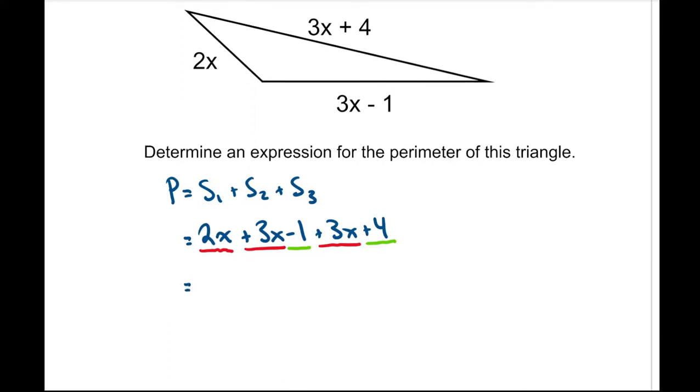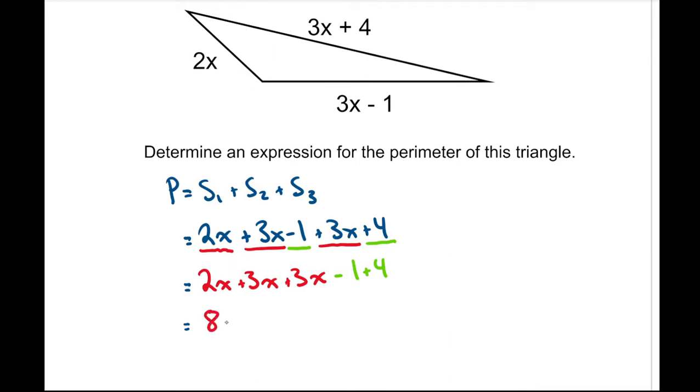So when I collect like terms, again, I'm going to rewrite it so that all my like terms are kind of in order. Again, remember to include the signs in front. So minus 1. From there, I'm just going to add up all my terms. So I have 2 of something plus 3 of something plus 3 of something.